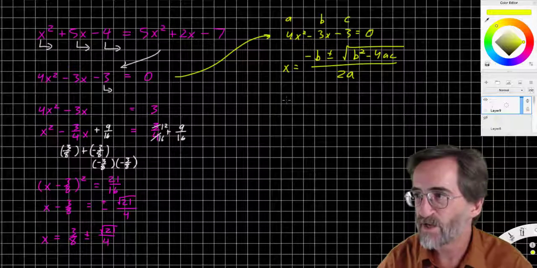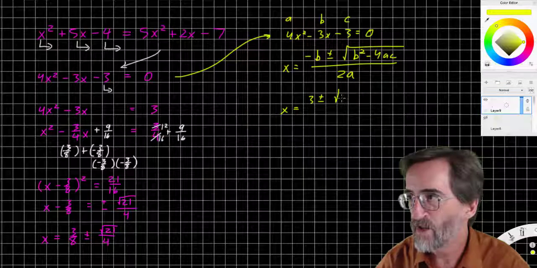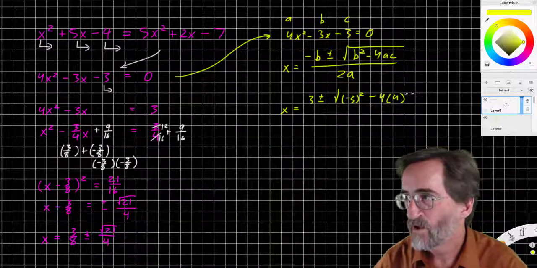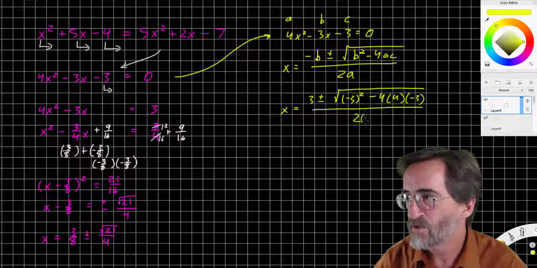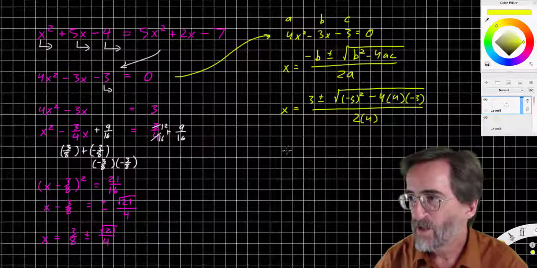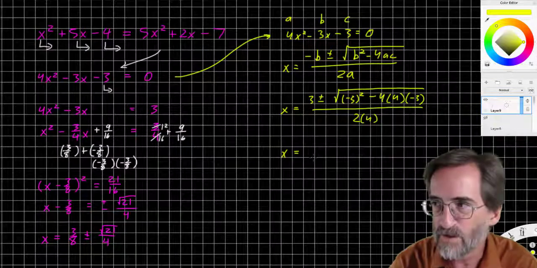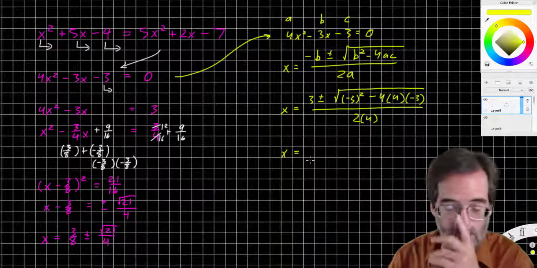So by substituting we get x equals negative negative 3 plus or minus square root negative 3 squared minus 4 times a, 4, times c, negative 3, all over 2a, 2 times 4. And you can use your calculator. In fact, that's perfectly legit to do here.